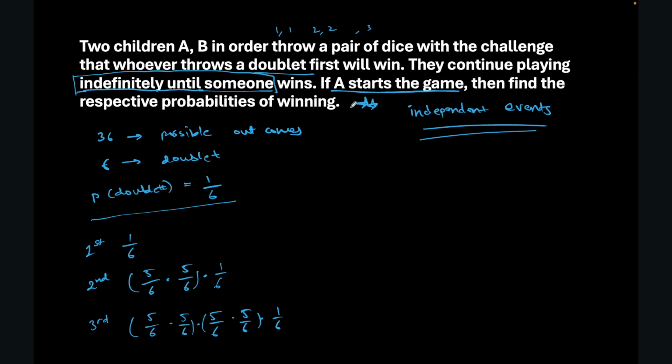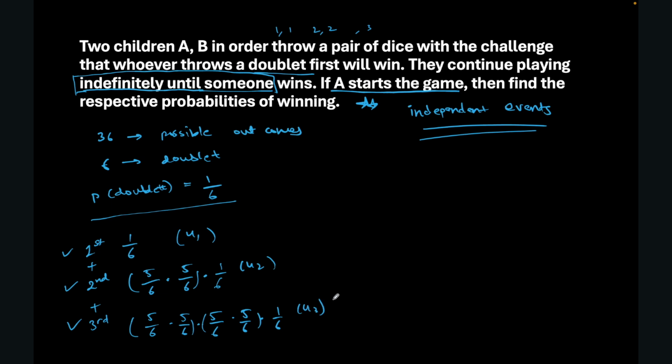Okay, so what you can actually see here is multiple situations, right? So this is your first term, this is your second term, this is your third term. Now what we're going to do is find the sum of these terms, because you have to account for all of their probabilities, right? This is u1, this is u2, this is u3.